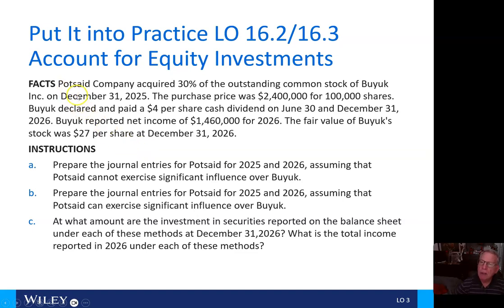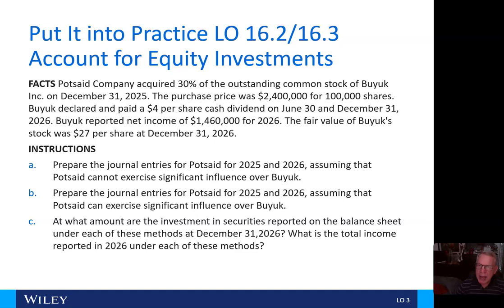Here, the Acctg company acquired 30% of the outstanding common stock of II-Chapt Incorporated on December 31, 2025. The purchase price was $2,400,000 for 100,000 shares.